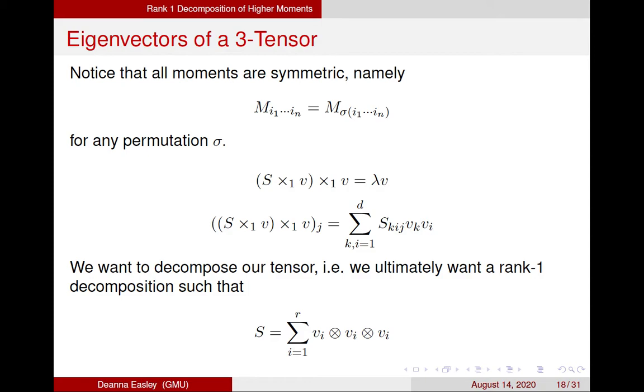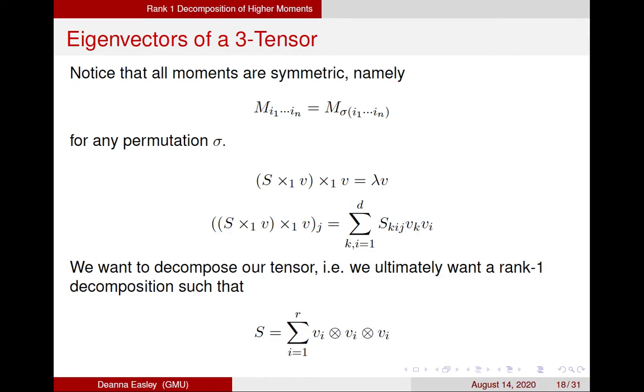Now, moments of a distribution have this special property in which they are symmetric, in the sense that they are invariant under any permutation of their indices. And since all the moments are symmetric, that means that the n-mode product is independent of the mode. So we can go with whatever mode we want.